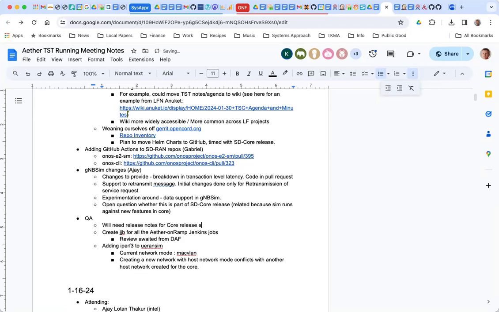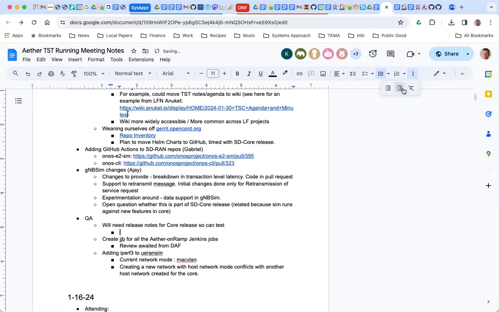So I think the best thing would be adding one, again in the same Google Doc, and then start populating it with what are the various changes which are already done, what are the changes in progress, and which we are expecting to get finished before release. So Larry, I might again ask you to create one more empty file in that folder for the release so that we can start capturing the content.